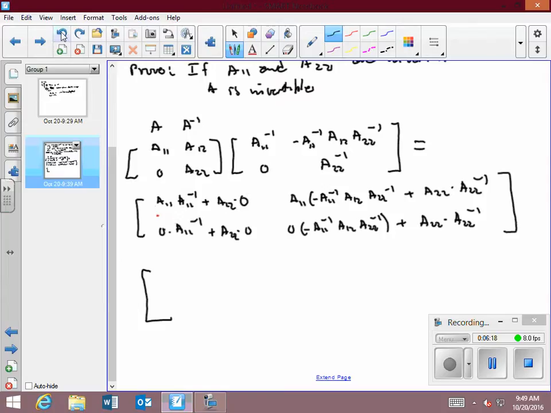If you take A11 times A11 inverse, that's I. And then A12 times 0 is 0. Now, when I do this one, I can bring that minus sign out in front.